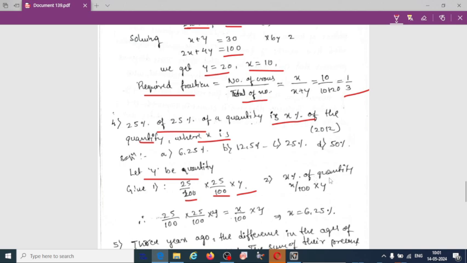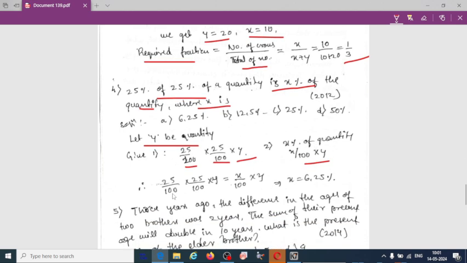And x% of the quantity is x by 100 into y. Equate these two, LHS and RHS, so you will get the value of x, that is 6.25%. Option A is correct.